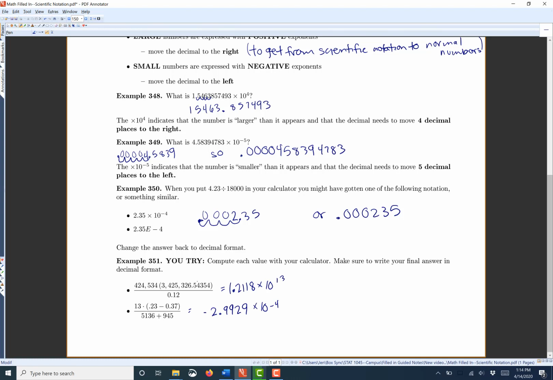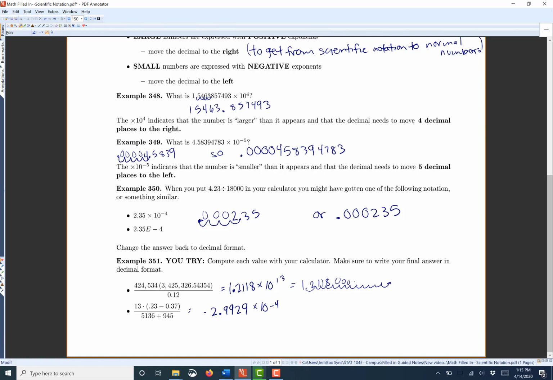On this first one, make sure you're putting parentheses around the top. I got 1.2118 times 10 to the 13. Now, this times 10 to the 13 means this is a big number. It should be really big. So I should be moving my decimal to the right 13 places. 1, 2, 3, 4, 5, 6, 7, 8, 9, 10, 11, 12, 13.